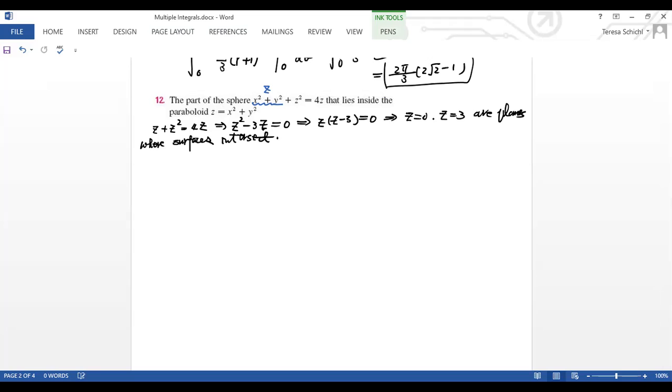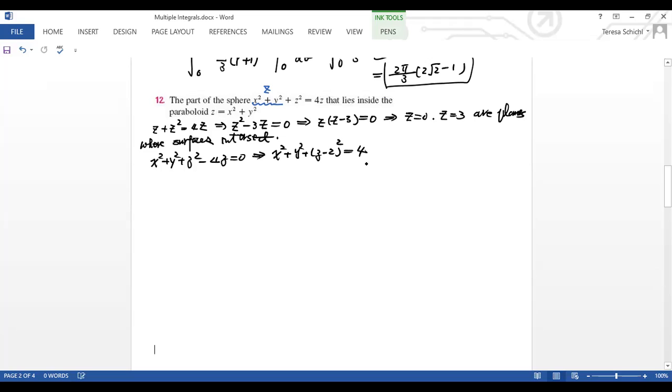Okay, so we know here also, we have x squared plus y squared plus z squared equal to 4z. And I move the 4z here, so it is equal to 0. So I can say this is x squared plus y squared plus, completing the square, (z minus 2) squared equal to 4.